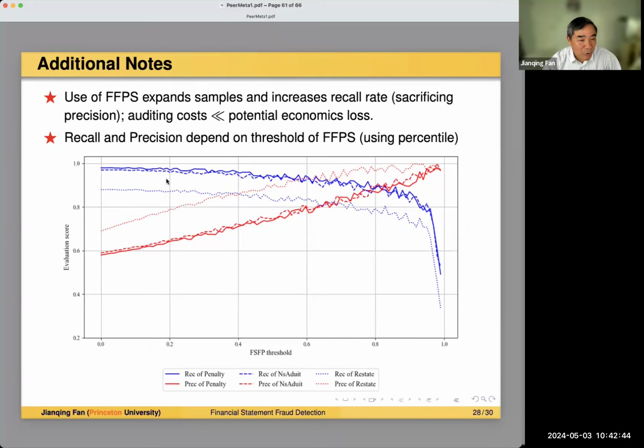If you take the 20th percentile of the financial statement propensity score among non-zeros as a threshold, then the recall would slightly decrease, and of course your precision will increase. This shows you the sensitivity of recall, which is relatively stable around 98%. Only when you get to a very high threshold does it get lower.